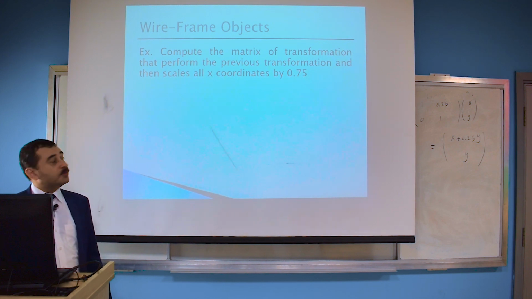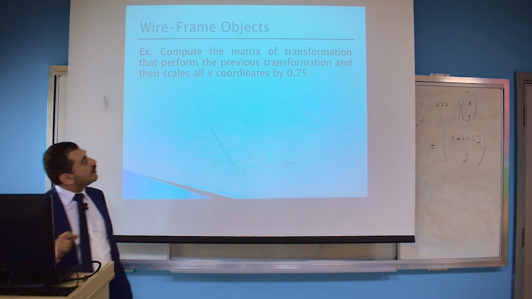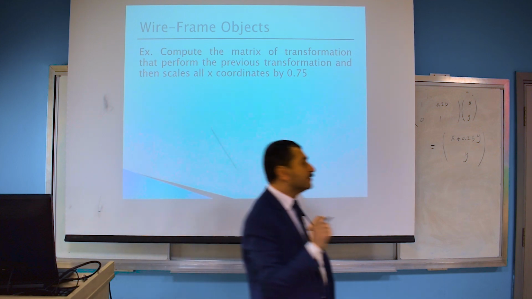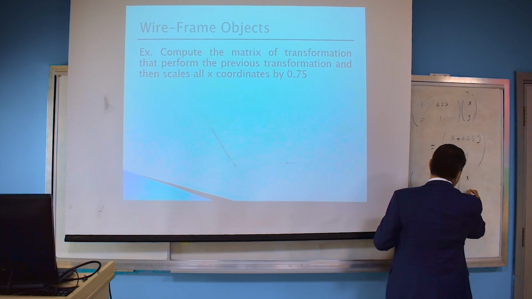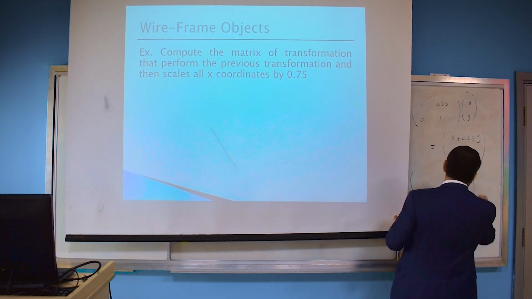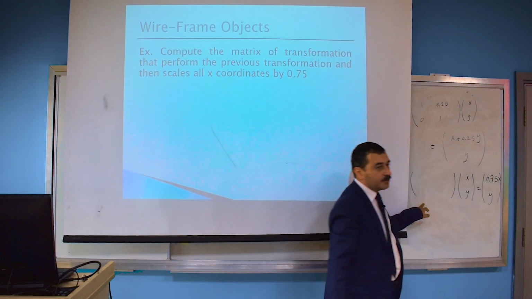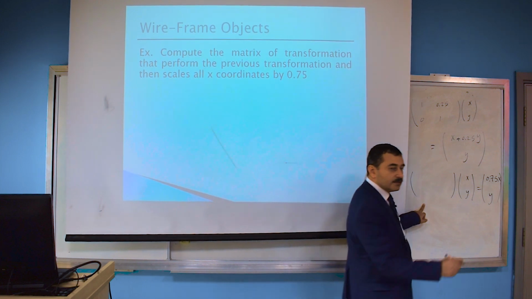Assume that I'm going to do the same, but then I want to scale the vertices such that x is scaled by about 0.75. So how to write a matrix that scales x by 0.75? What to write here to get this effect, scaling in the x direction?